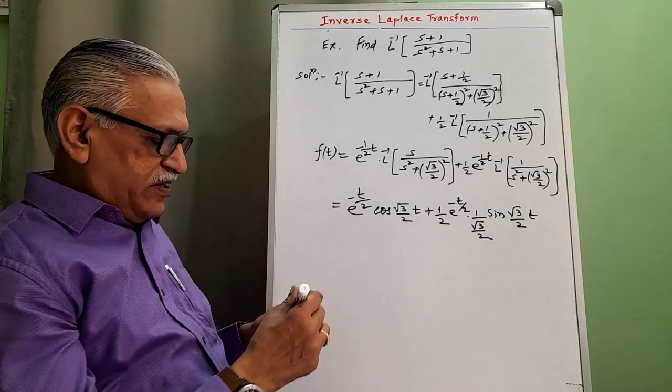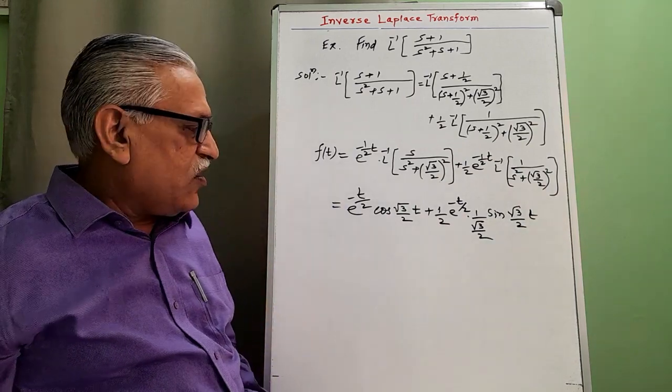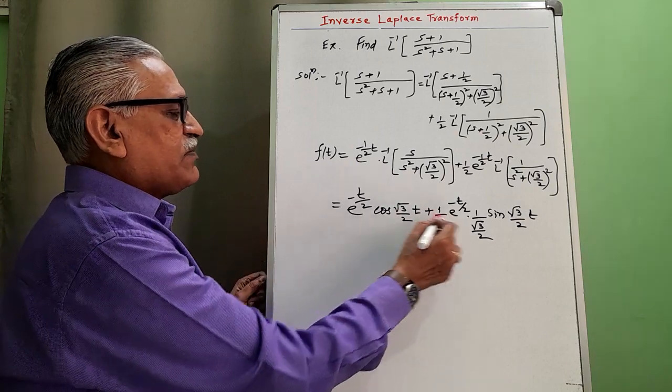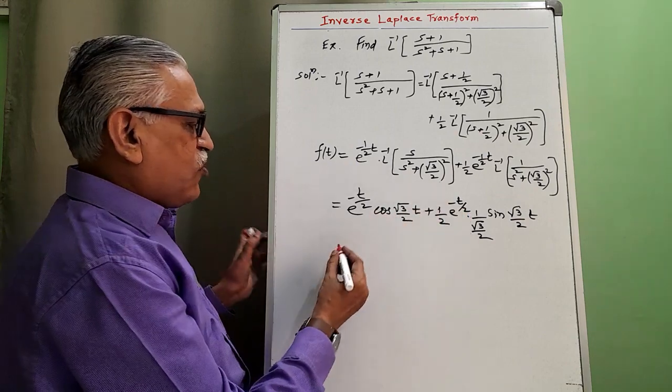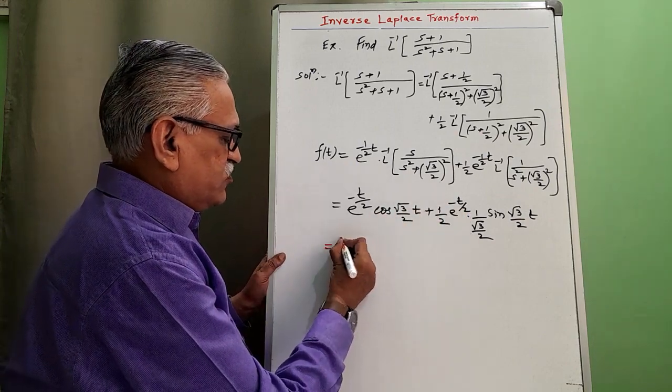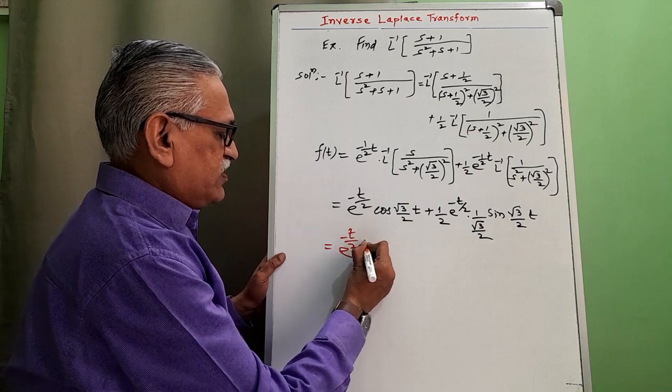And then simplifying it or rewriting it, from these two terms I can take e raised to minus t by 2 common. Therefore, e raised to minus t by 2 common.